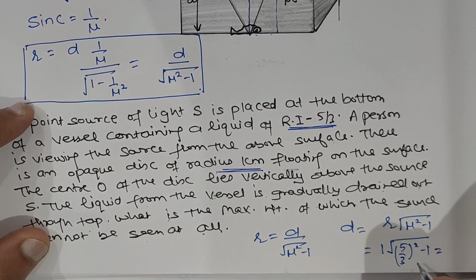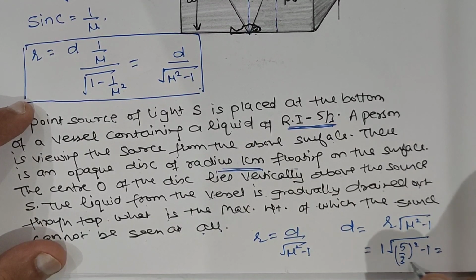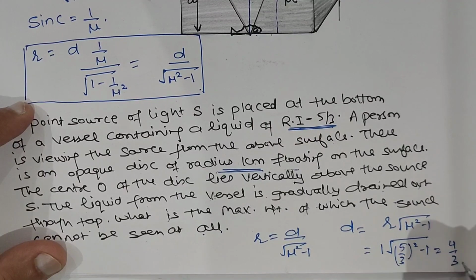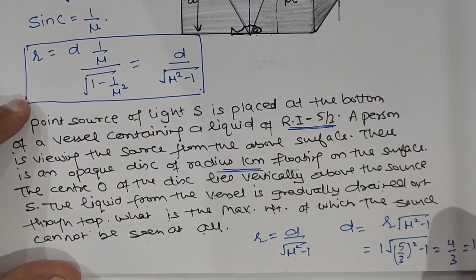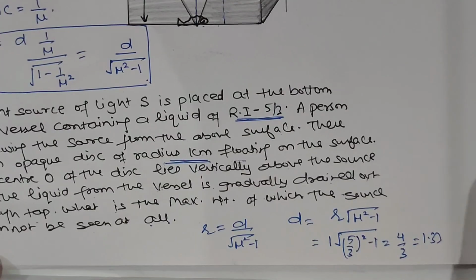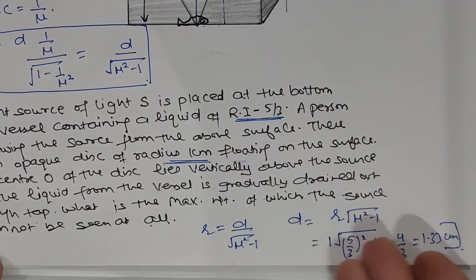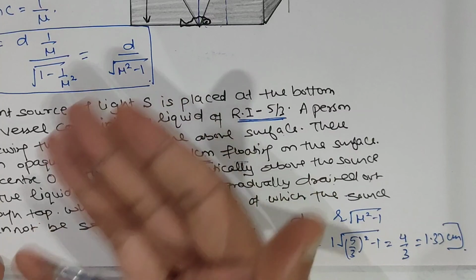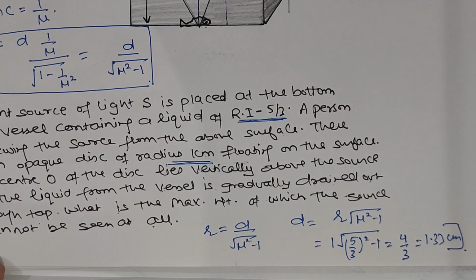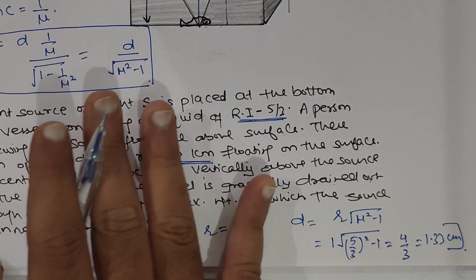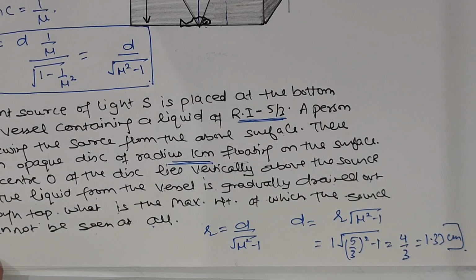On solving, 5 by 3 square means 25 by 9, 25 minus 9 by 9 is 16 by 9, whose root is 4 by 3, which is 1.33 centimeter. This is how we can calculate this typical problem in a very easy manner if we know this formula. Try this type of questions by applying this formula.